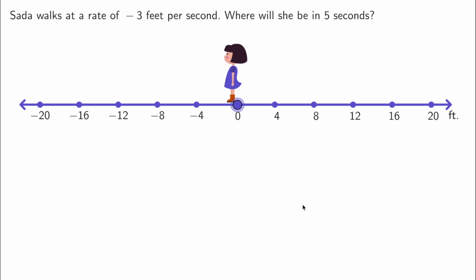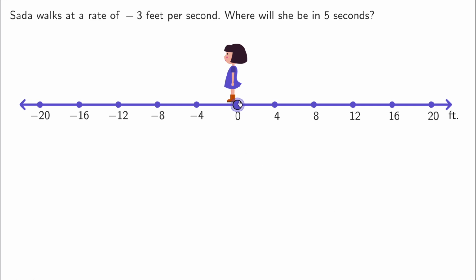In the first second, she will be at minus 3. In the second second, she will be at minus 6, isn't it? Third second, she will be at minus 9. Fourth second, minus 12. And fifth second, minus 15.